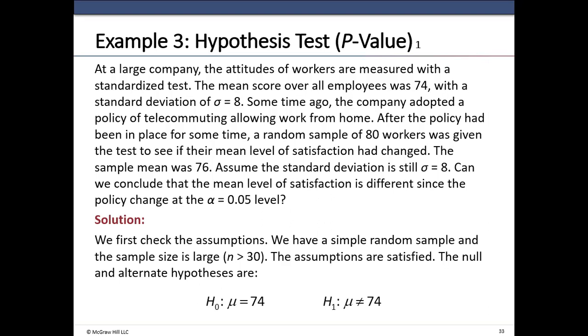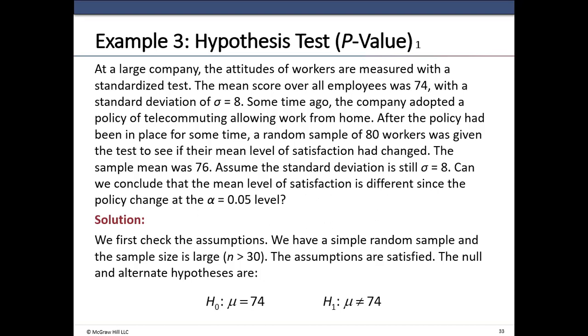Can we conclude that the mean level of satisfaction is different since the policy change at alpha equal to 0.05 level? So the null hypothesis is mu equal to 74, alternate mu not equal to 74. So stat, test, and we go to number one, Z-test, input on stats.